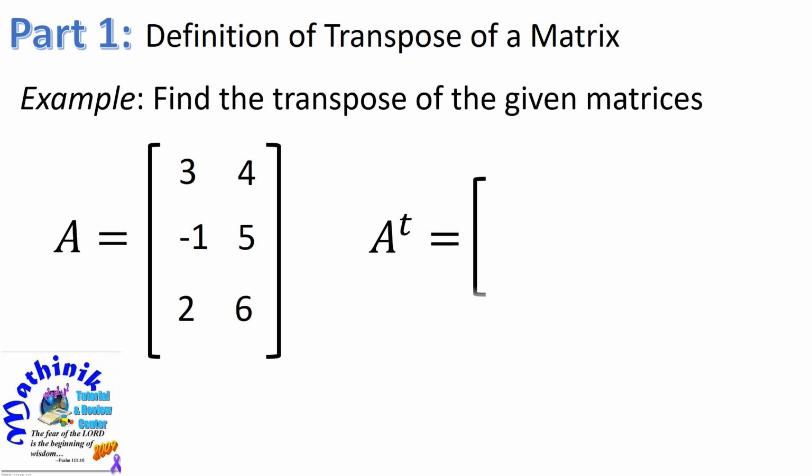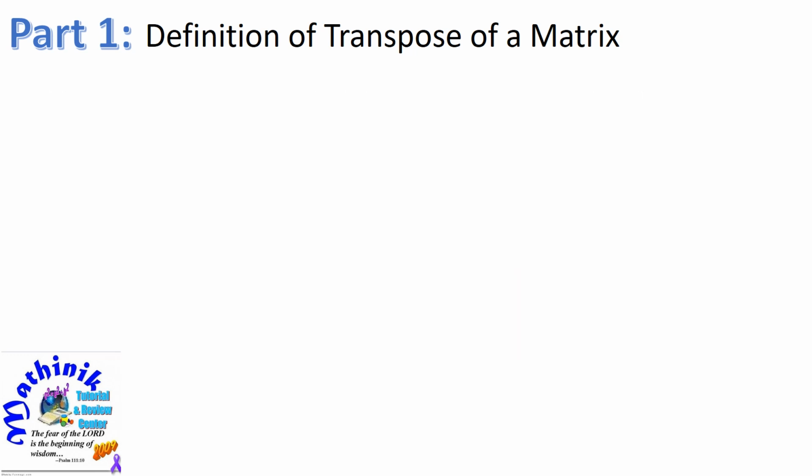Let's start with the first column of A. That will be the first row of A transpose. Then we'll have 3, negative 1, and 2. Proceeding to the second column of A, that will be 4, 5, and 6 in the second row of A transpose.